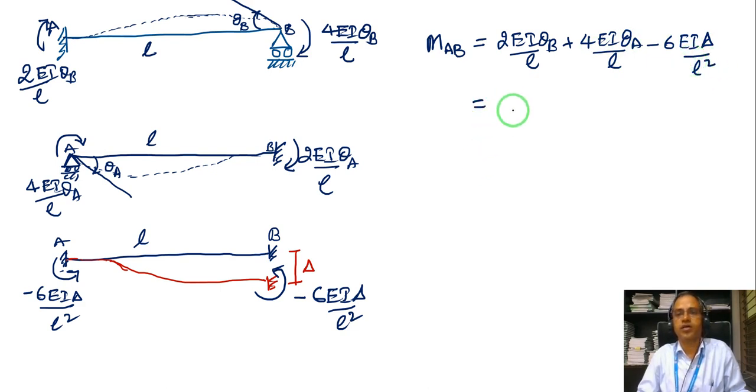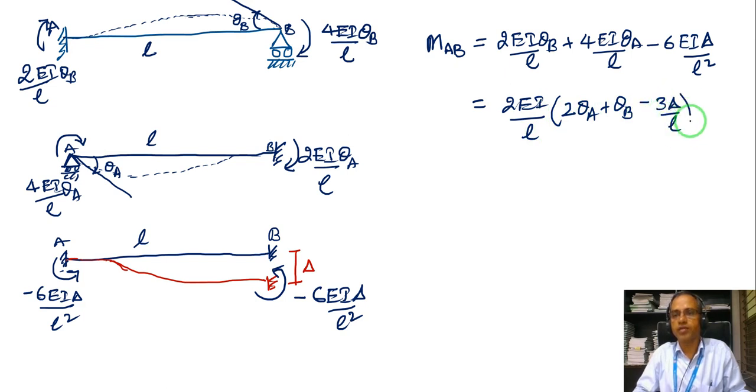If you take common 2 EI by L, what we get here is 2 theta A plus theta B minus 3 delta by L. So this moment is produced at A of span AB, and this is only because of rotations and displacement, that is, sinking support at B.